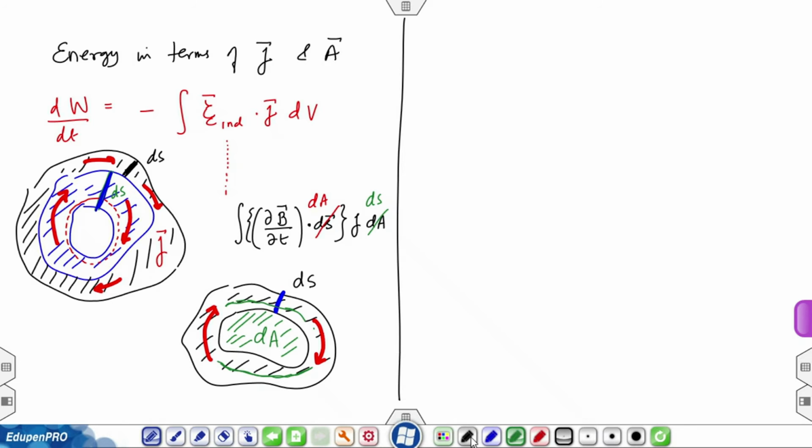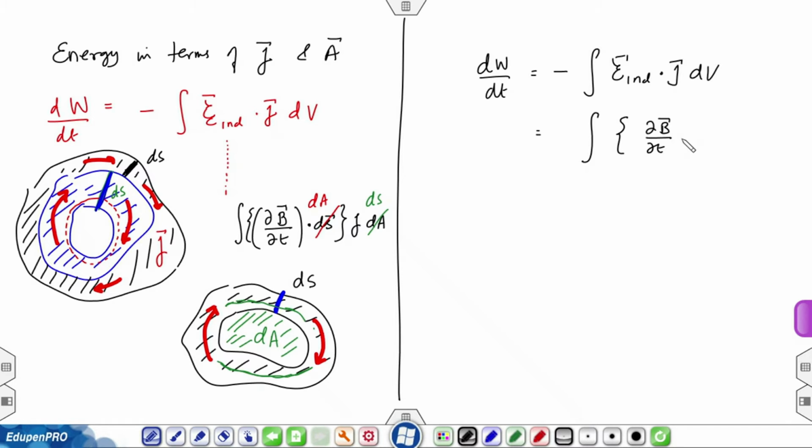So, what I have now is dW/dt equal to minus integral E induced dot J dV, which I can write, since J is only over this ds area, as an integral. I first do this ∂B/∂t dot dA, and then I do J ds, and that's the second integral.